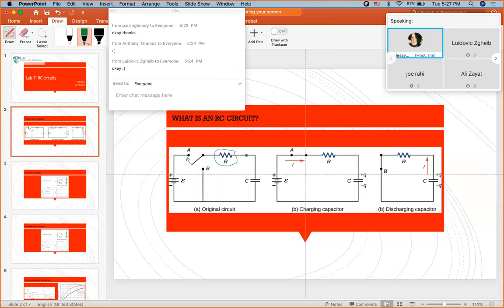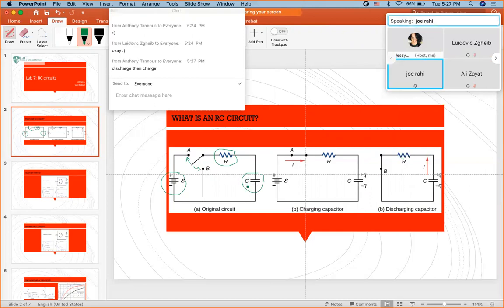You have a resistor, a capacitor, and a battery, and when the switch is on A, the battery will start charging the capacitor. And can you tell me what happens when the switch goes to B? The capacitor discharges. Yeah, the capacitor acts like a battery, so it will start discharging itself through the resistor.